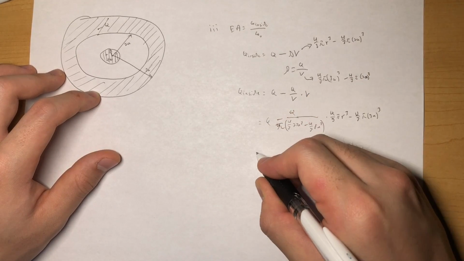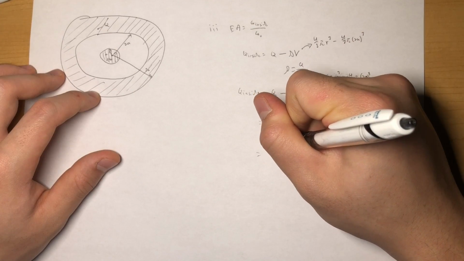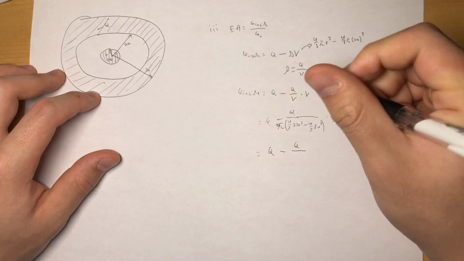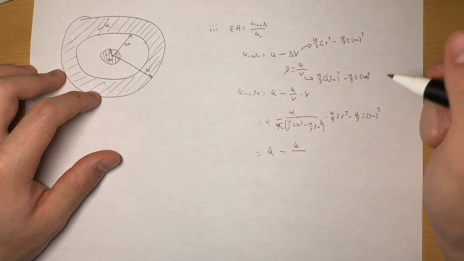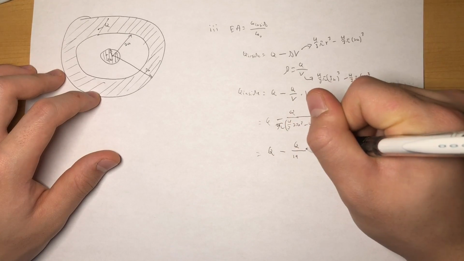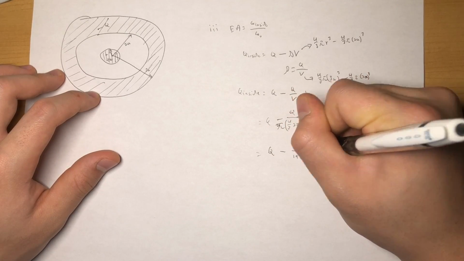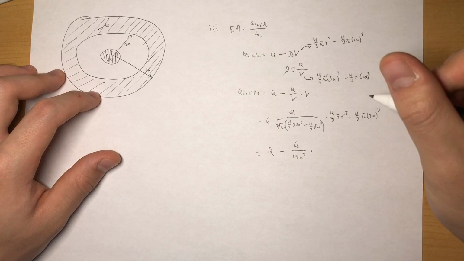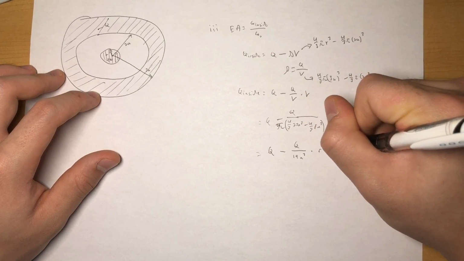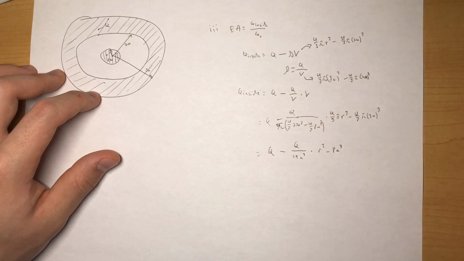And that simplifies out to Q minus Q over 19a cubed times R cubed minus 8a cubed for Q inside.